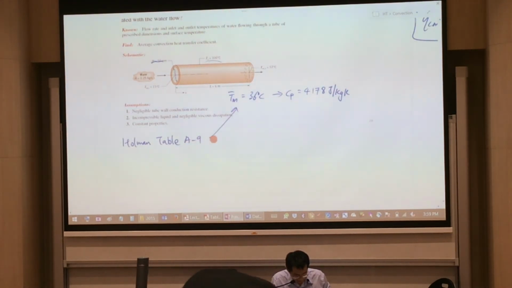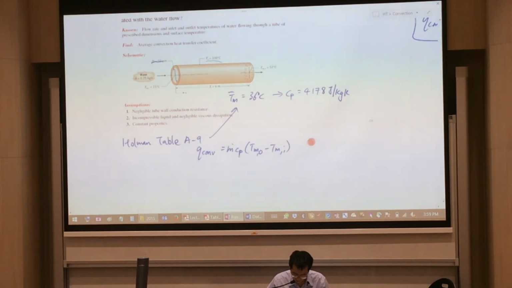That's your table A9. So Q convection is actually equal to mass flow rate times Cp times Tm outlet minus Tm inlet. That has to be equal to your Q convection, which is h bar As delta Tm.